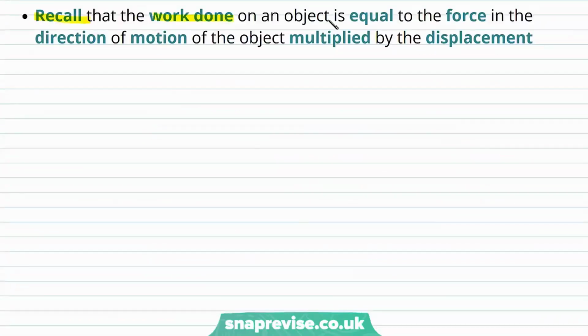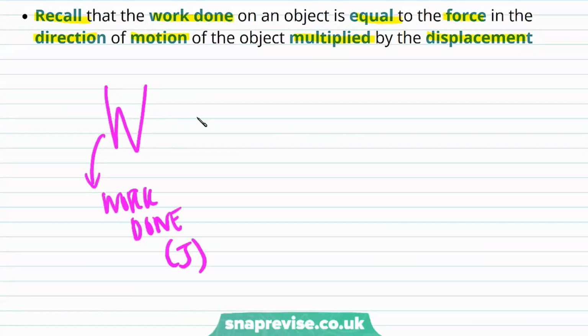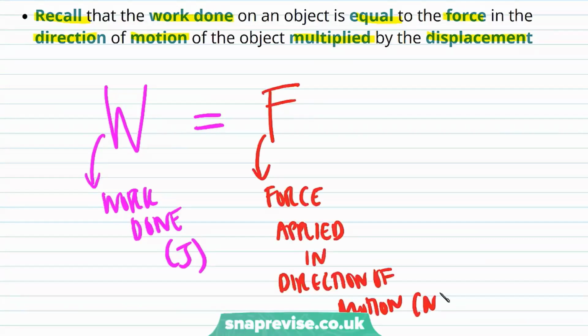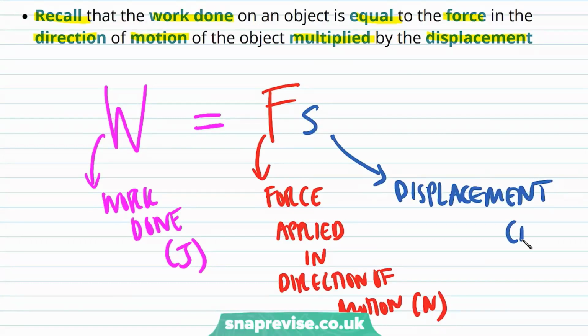Recall that the work done on an object is equal to the force in the direction of motion of the object multiplied by the displacement. So the work done in joules, W, is equal to the force applied in the direction of motion, F, which is measured in newtons, times displacement, S, which is measured in meters.